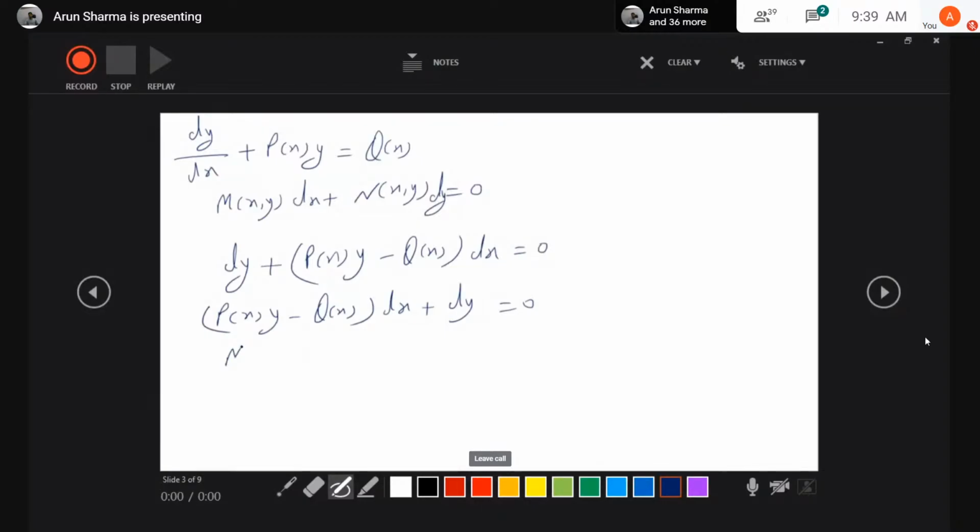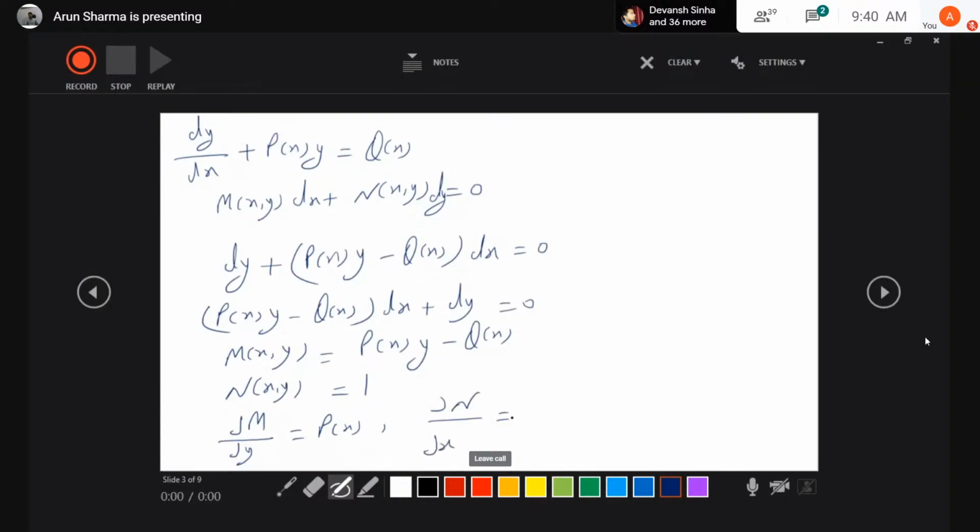So if you see M(x,y) is P(x) times y minus Q(x), and N(x,y) is 1, and if you see, del M upon del y is just P(x), and del N upon del x is 0. So this P(x) may not be 0. Okay, this may not be 0.